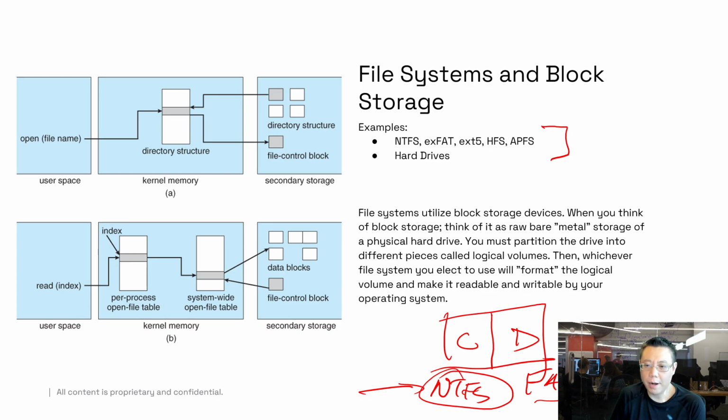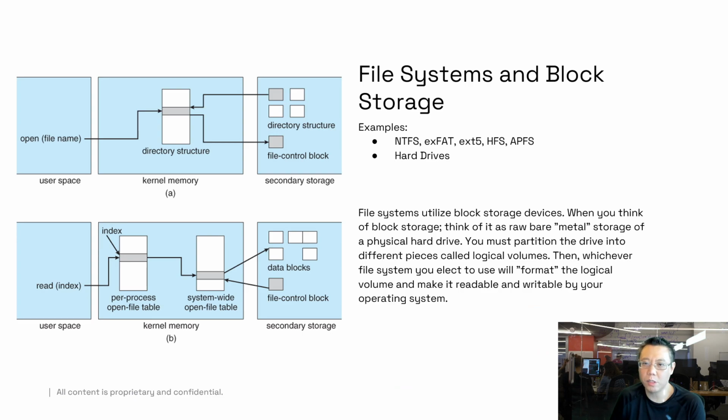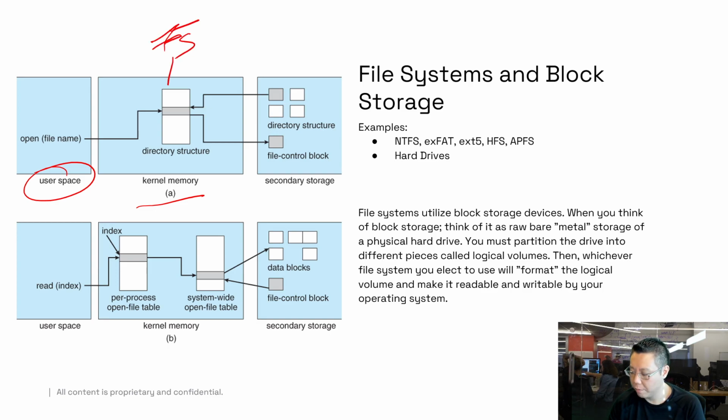Ultimately, the distinction between operating systems and file systems is that operating systems contain file systems. They read from the file systems, and it creates the structure that the operating system reads from. So for instance, in user space, when I open a file, I have a directory structure already created. The file system created this directory structure, such as exFAT, NTFS, ext5, whichever it may be.